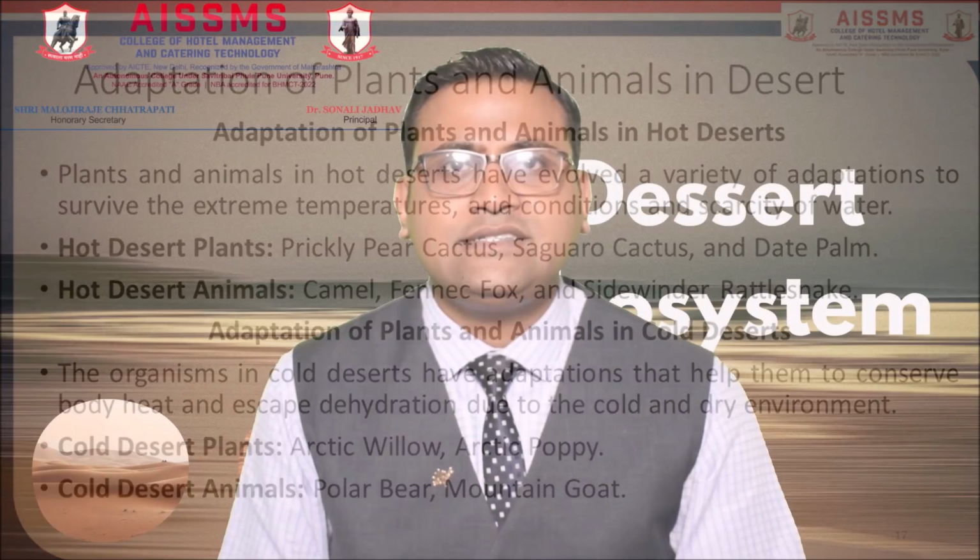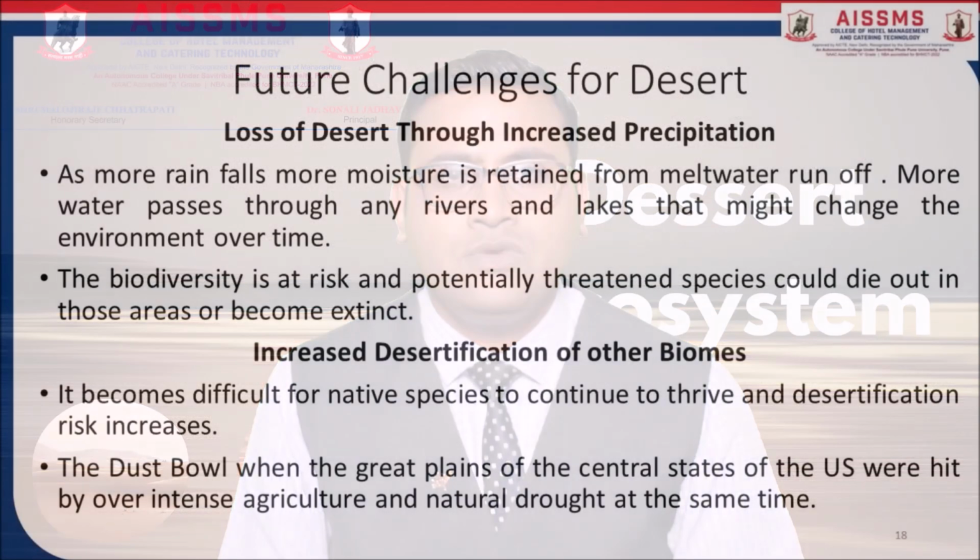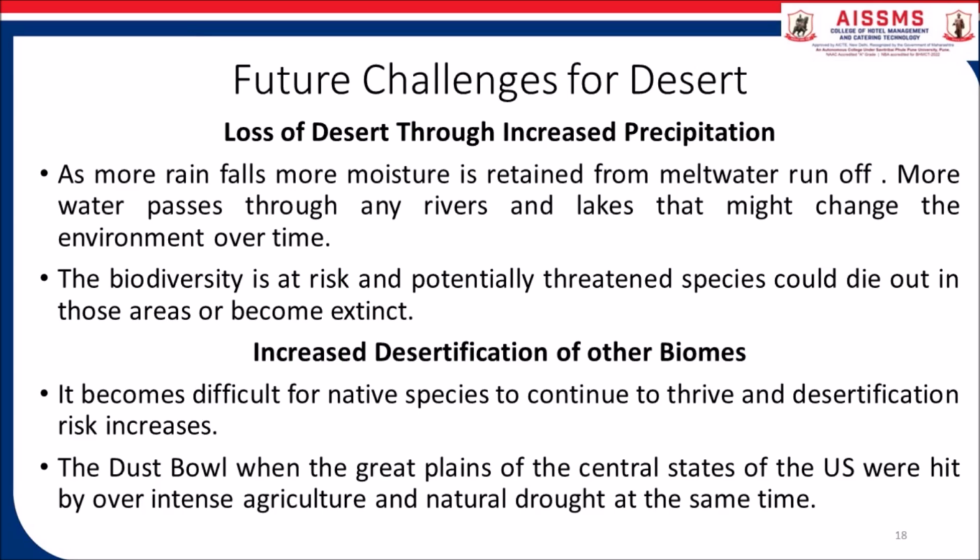Now let us understand the future challenges for the desert. First challenge will be loss of desert through increased precipitation. As more rain falls, as more moisture is returned from melt water runoff, more water passes through any rivers and lakes that might form seasonally in this desert, which will change the environment over time.